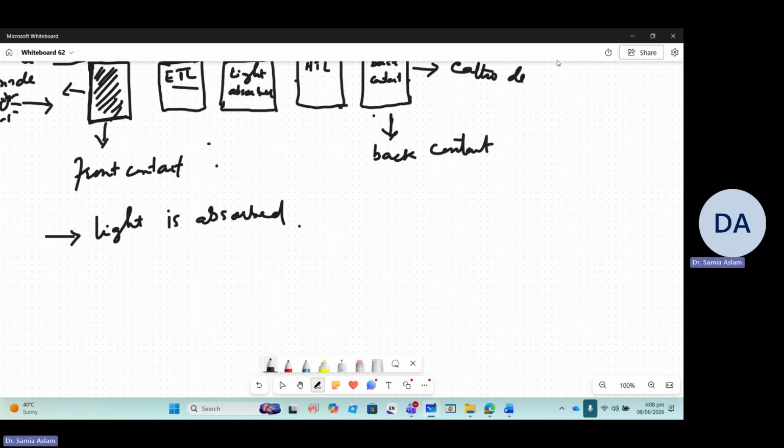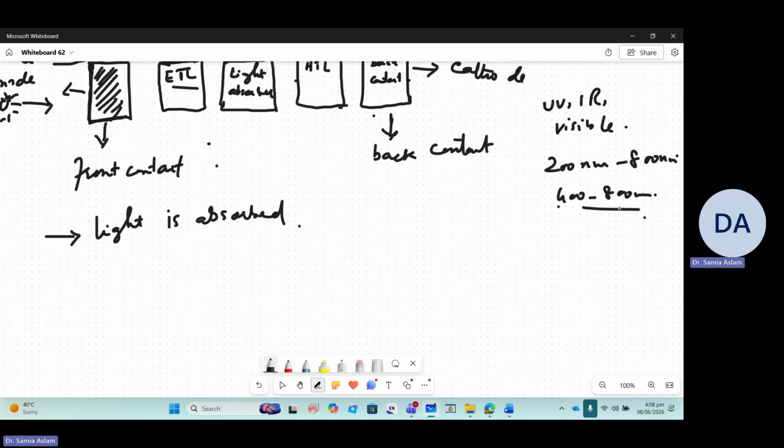And you know that sunlight carries photons in the UV region with UV energy, with IR energy, and with 7 colors of light, meaning the visible region. The wavelengths present in the sunlight spectrum start from 200 nanometer, which is UV, to 800 nanometer, which is almost IR, or beyond IR.